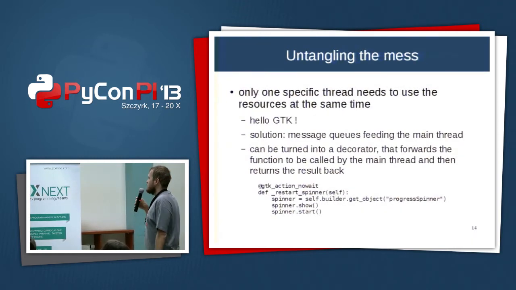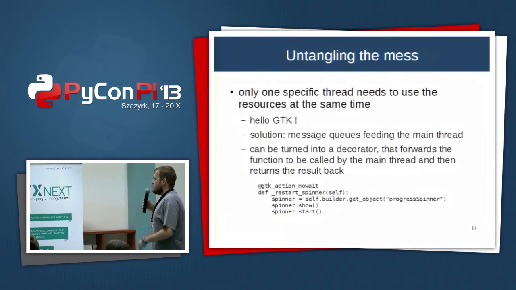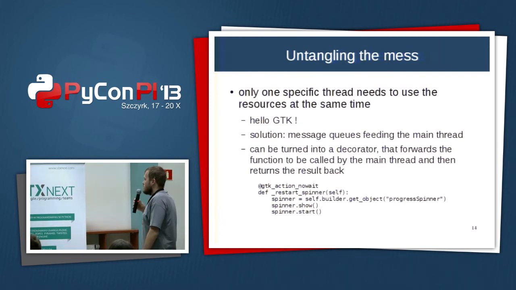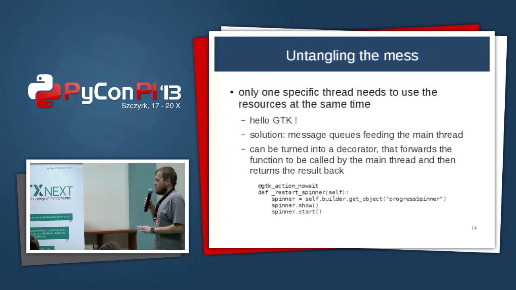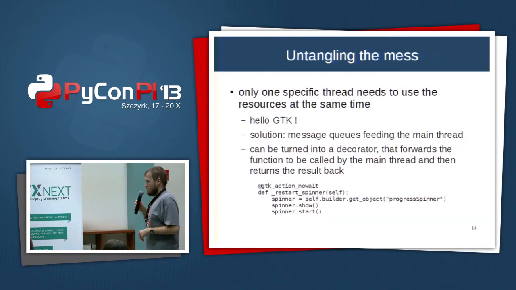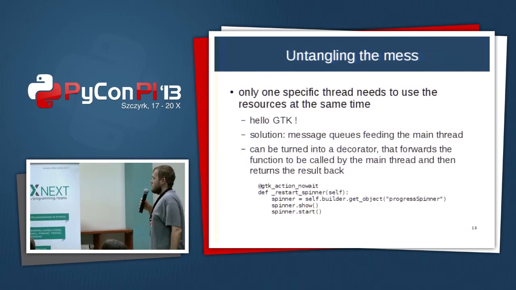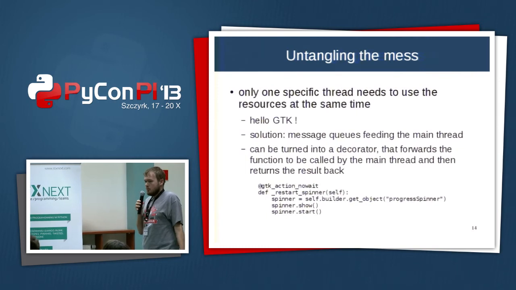So this is one of the solutions we are using. Basically, you just need to decorate a function with the GTK action no wait. We also have a GTK action wait, and this function call, either if it's no wait, is just submitted to the main thread in a queue, and the main thread is basically a consumer, it's consuming from the queue, and it just calls the function when it wants to.